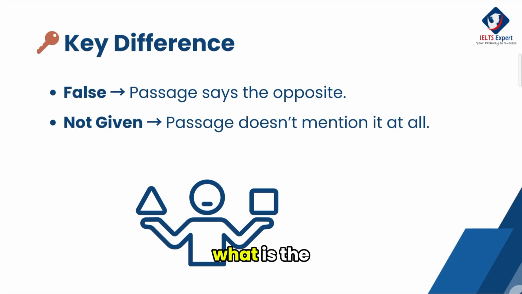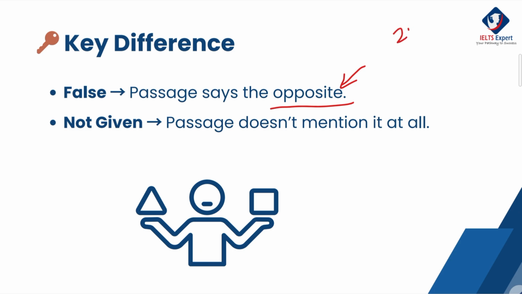So you should be able to understand the key difference between false and not given, so that there is no confusion and you are not going to confuse false with not given. What's the key difference? When the passage says the opposite, you can decide false.